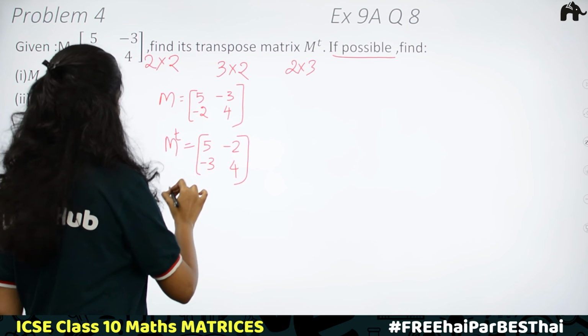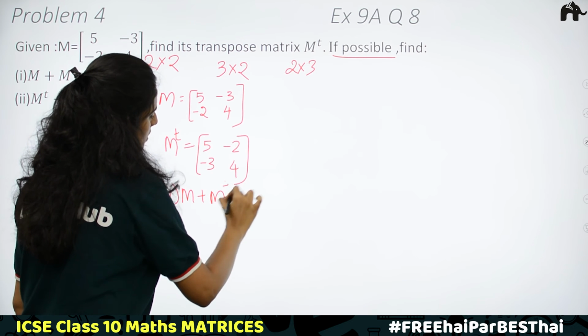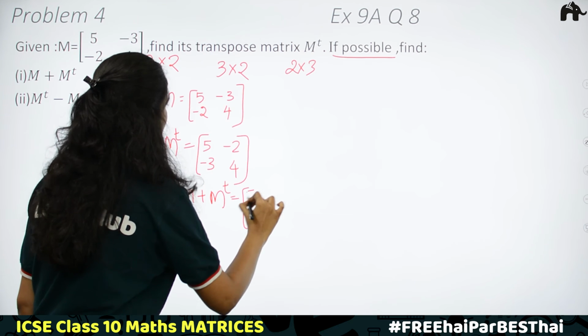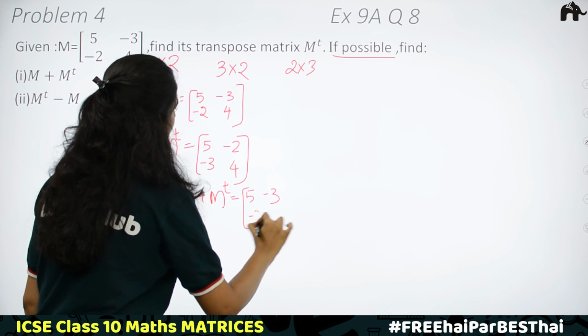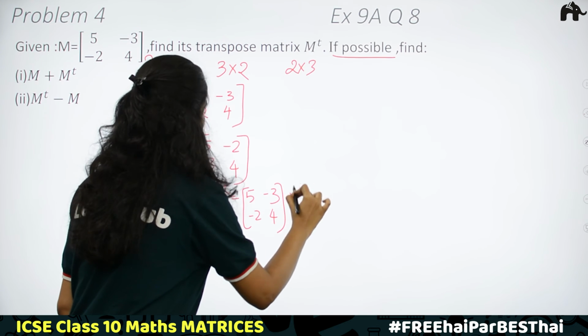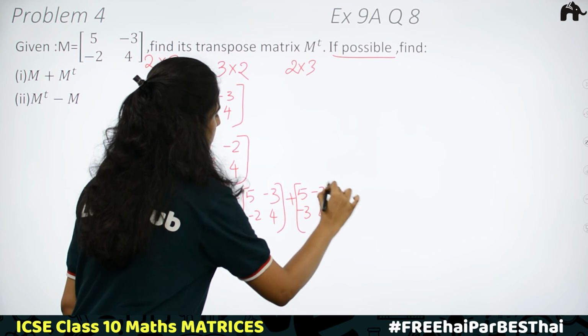Now, first question we need to find M plus M transpose. Adding these two matrices. M is 5 minus 3 minus 2, 4. And M transpose. M transpose is 5 minus 2 minus 3, 4.